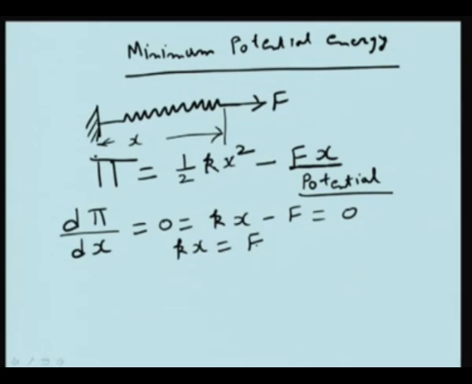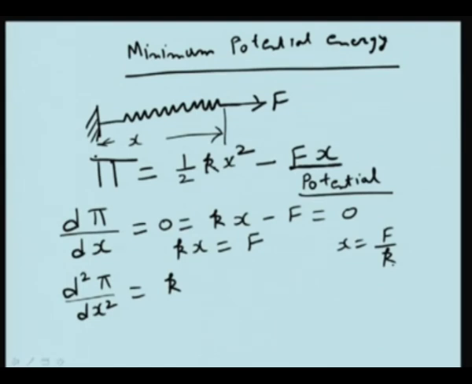In this case, d square pi by dx square is equal to k. As k is positive, this is a minimization problem, a minima, and therefore x equal to F by k provides the stable equilibrium of the spring force system.